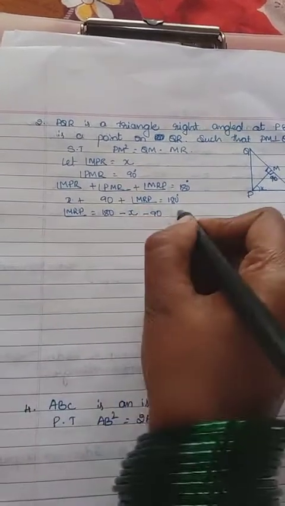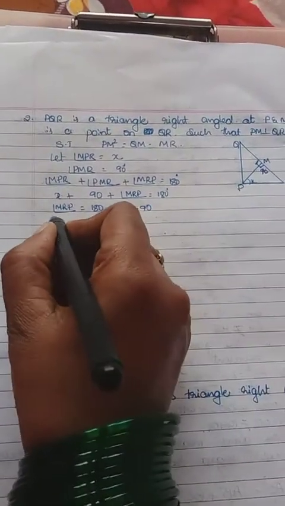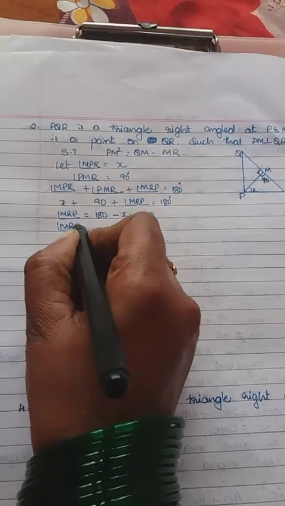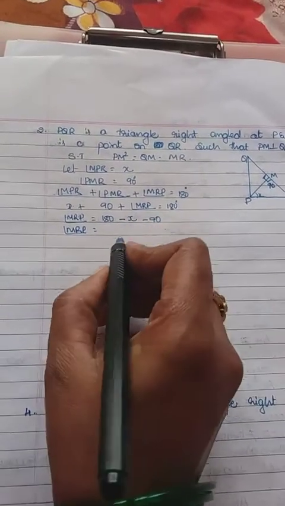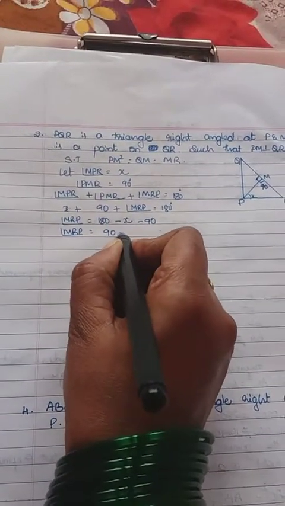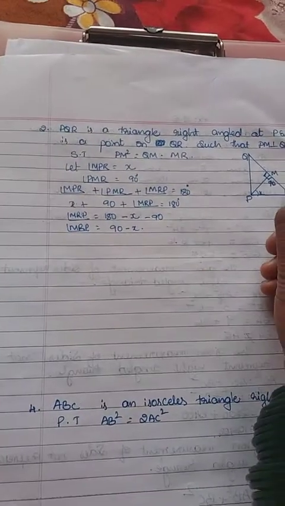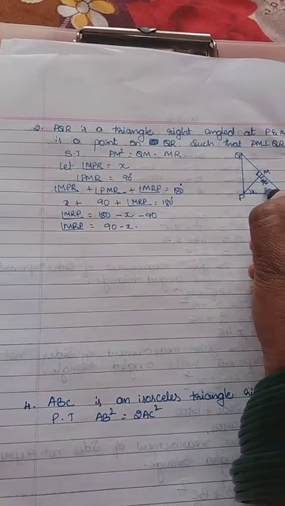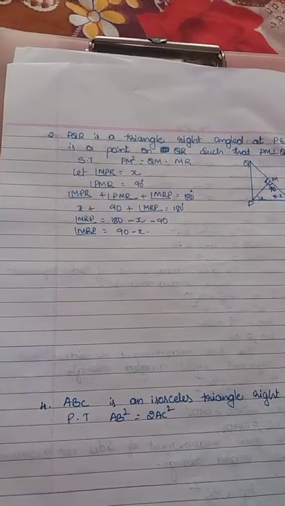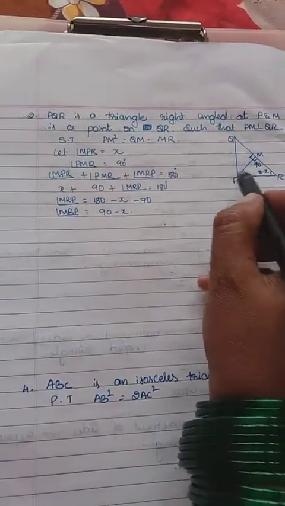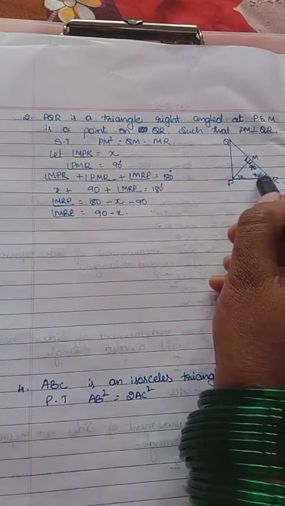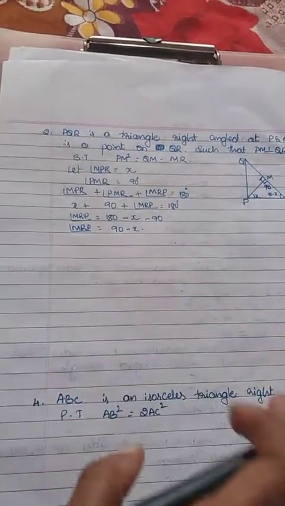So angle MRP equals 180 minus 90, which is 90 minus x. Keep in mind: angle MRP is 90 minus x. This is x, this is 90 degrees as given, and this is 90 minus x.